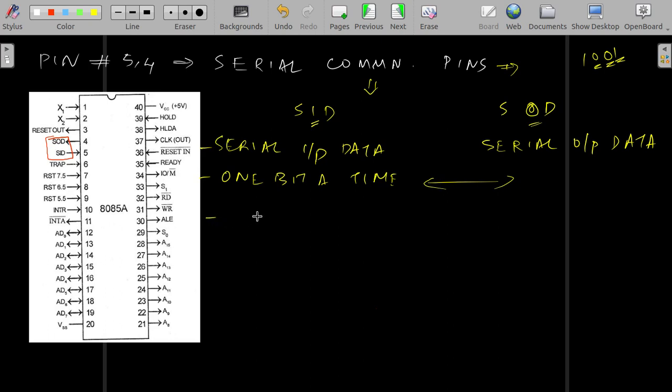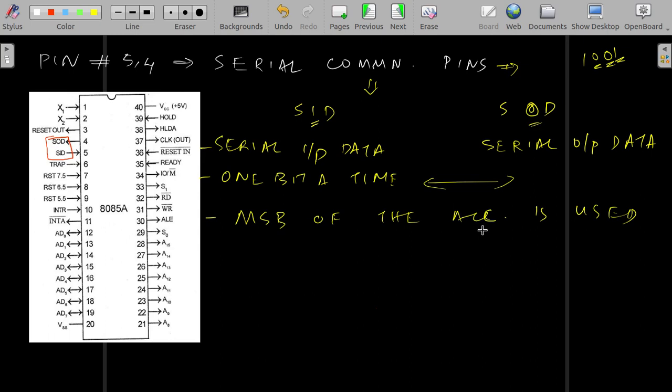The other thing is that for both, the MSB of the accumulator is used. That is, whether you want to receive some data, that is, you want to input some data to the processor, or you want to output some data from the processor, some bits from the processor for the serial communication, we are using the MSB, most significant bit of the accumulator, right?